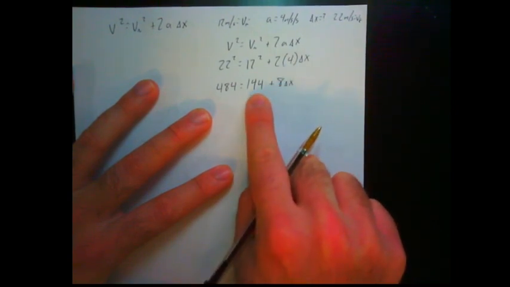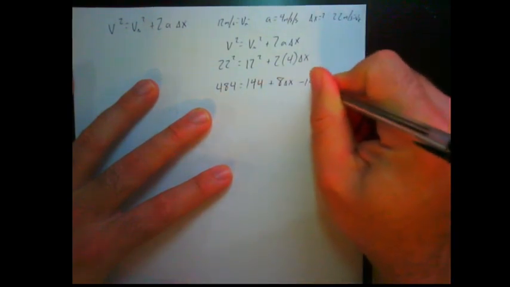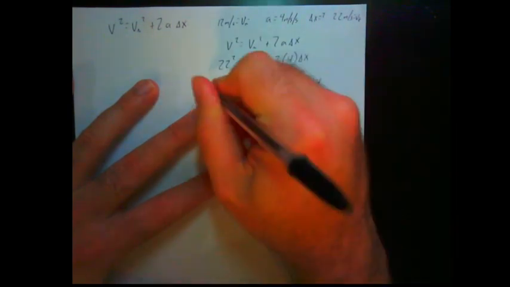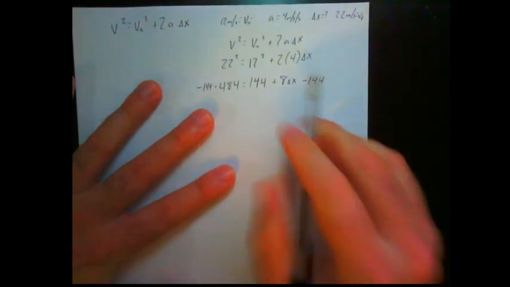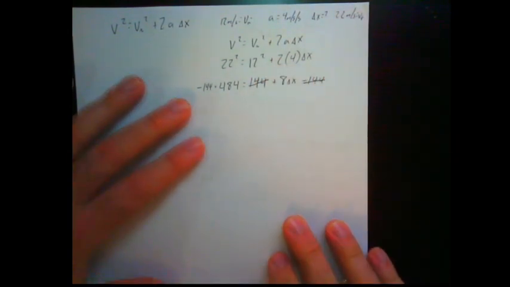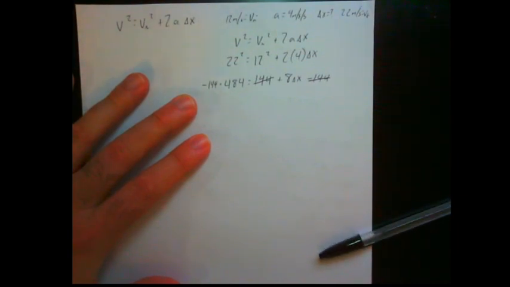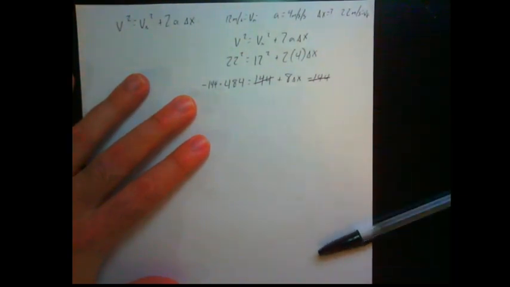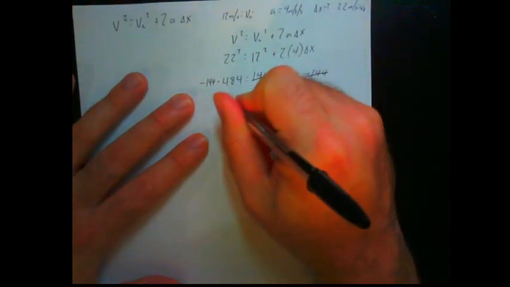Let's get rid of the 144 by subtracting it from both sides. By subtracting it from this side, we can eliminate 144, and then 484 minus 144 gives us 340.